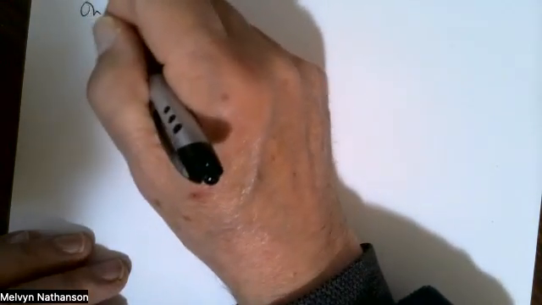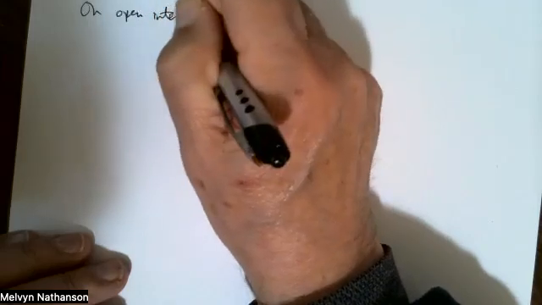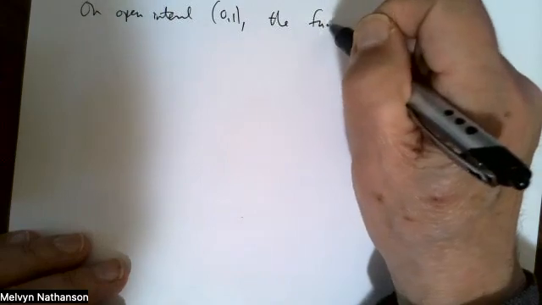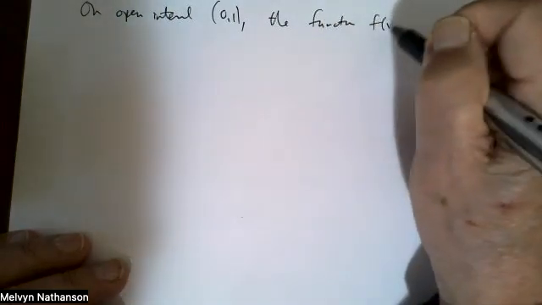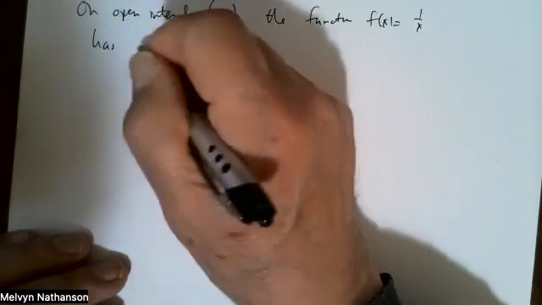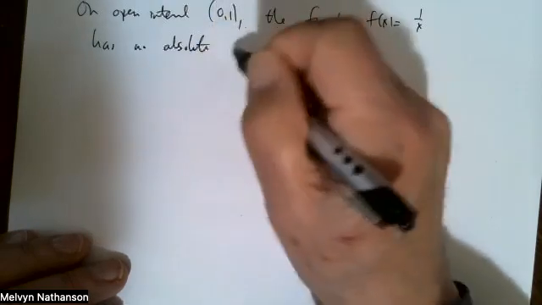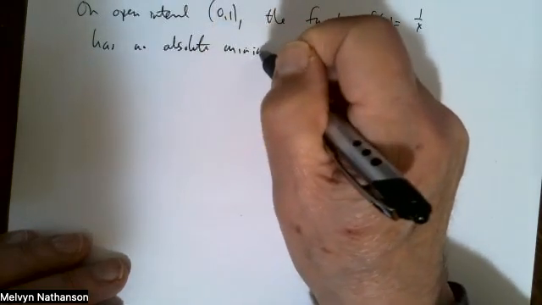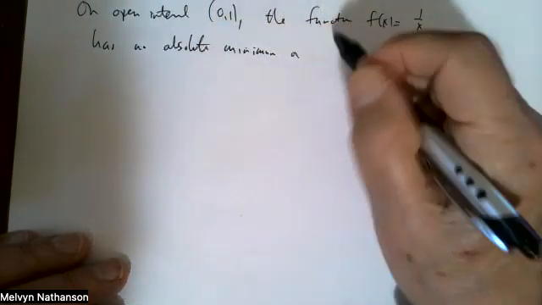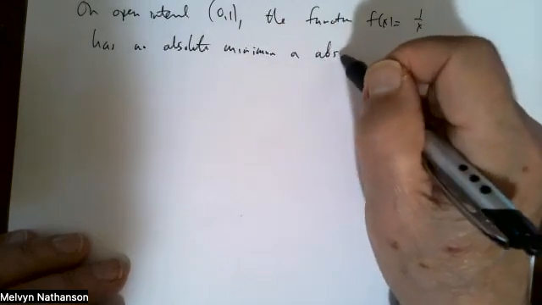So on the open interval from 0 to 1, the function f of x equals 1 over x has no absolute minimum or absolute maximum.